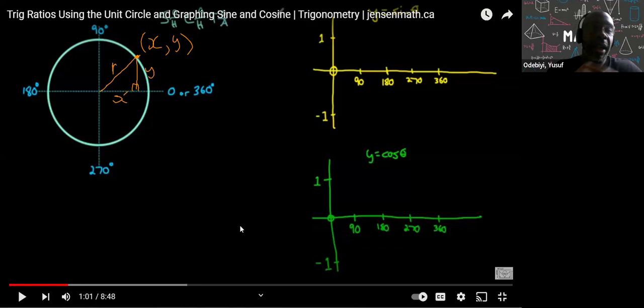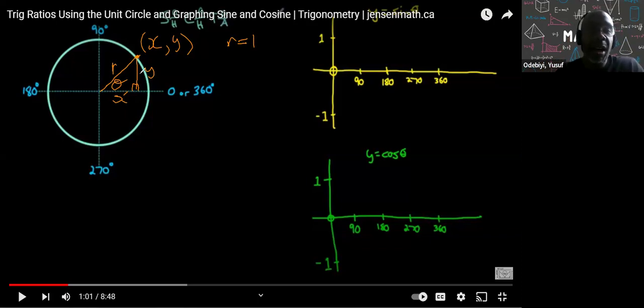If we're looking at the angle from here, we can use our SOHCAHTOA to figure out, if we know what r is. And since it's a unit circle, r is actually 1. So r equals 1 in a unit circle, okay? That's key now, because we're saying r is equal to 1 and it's a unit circle.